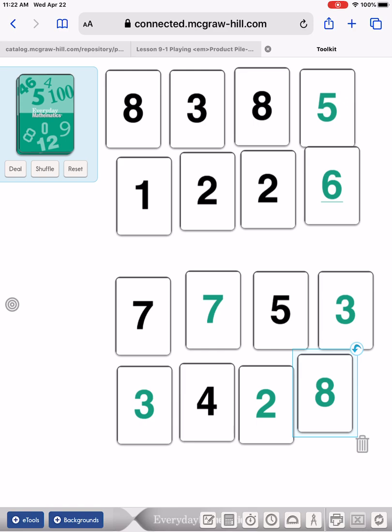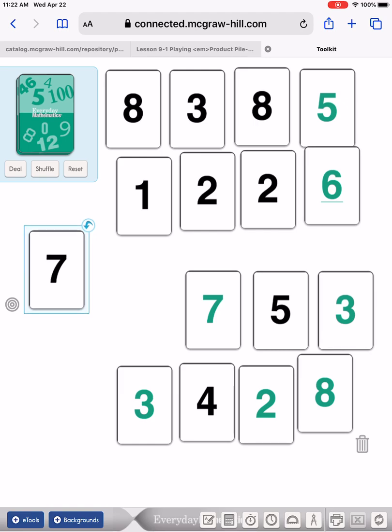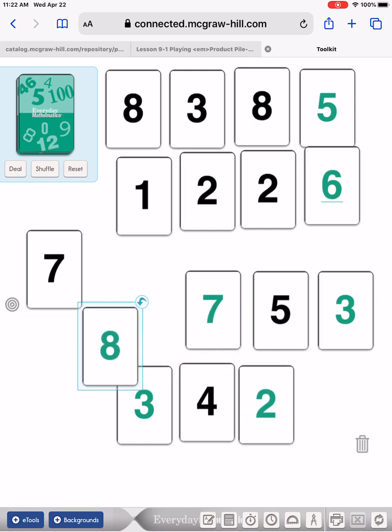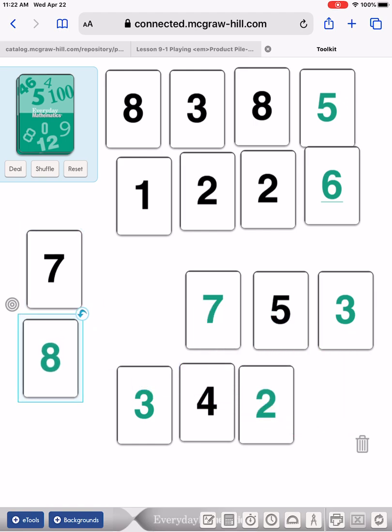And player 2 might turn over onto the table 7 times 8, and say 7 times 8 is 56. So now it's player 1's turn to look at their cards and pick 2 cards that they can put down that when multiplied equal greater than 56.